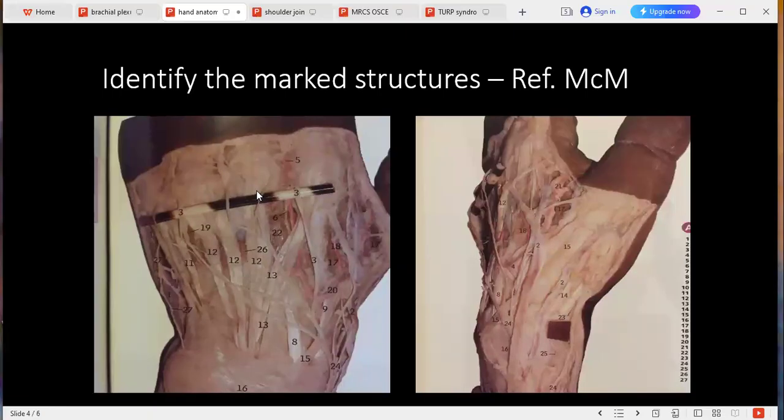It is inserted over the base of the distal phalanx of the second, third, and fourth digits, and it is going through the tendon of the extensor superficialis.